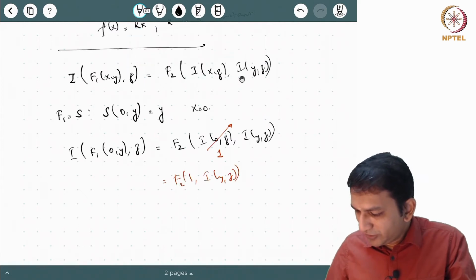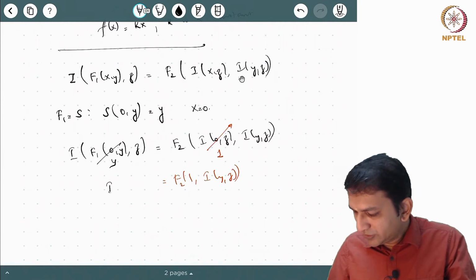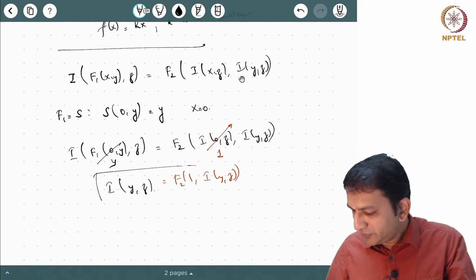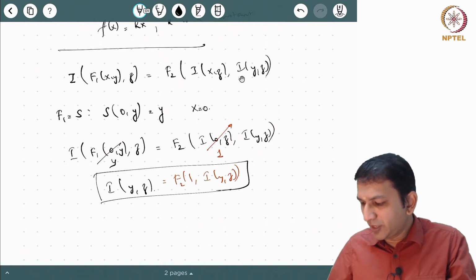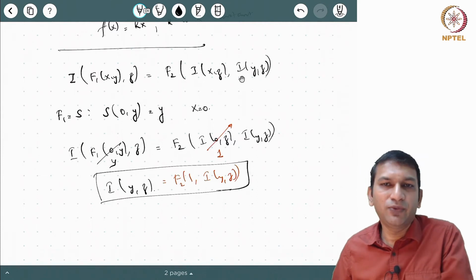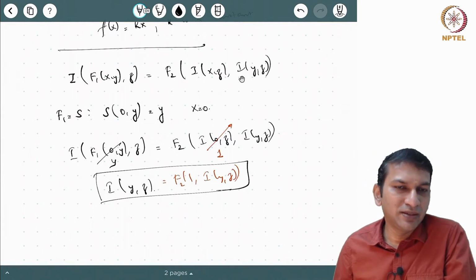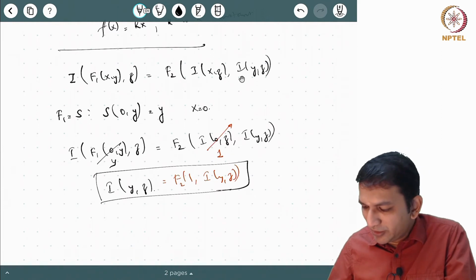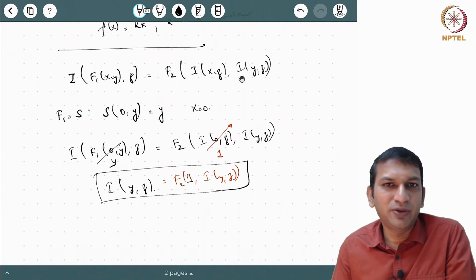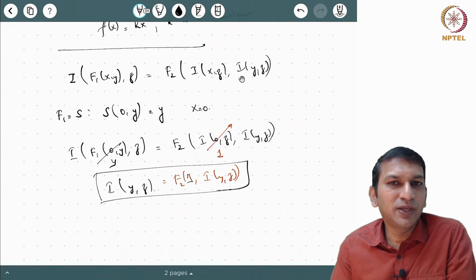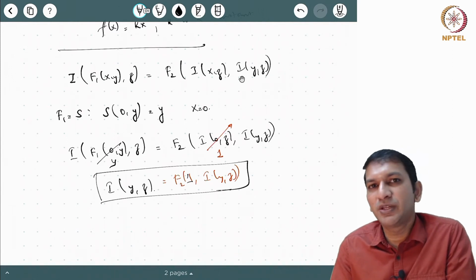On the left hand side, because this is y, what we have is I of y comma z. So what we see from here is F2 of 1 comma I of y, z is in fact equal to I of y, z. And this should happen for any arbitrary y, z, which means 1 becomes the neutral element of F2, which in our case, since we are considering only operations coming from T-norms and T-conorms, it is clear that F2 is a T-norm.